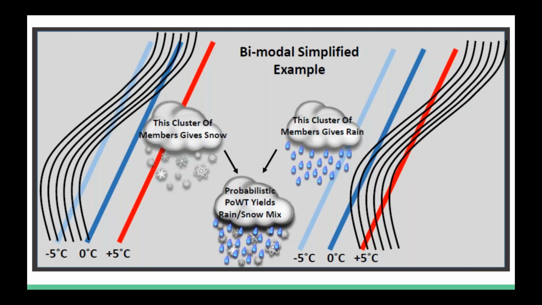If you were to use the top-down or Bourgouin in this situation, you would end up with sleet and freezing rain. Obviously, a completely different IDSS message and an incorrect analysis of this situation. So these do happen. You can see it in clusters, and so this is something to always be aware of as we go through the winter season. Watch your storm tracks, and if it's a bimodal situation, make sure you get the right outcome.